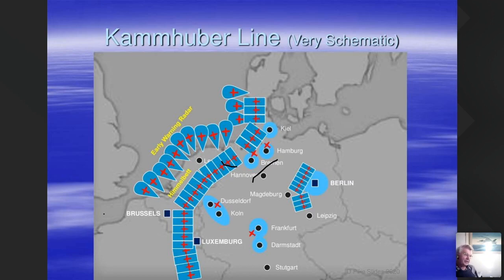And then inland, they had little boxes called Himmelbetts. It's actually German for four-poster bed or covered bed. And in these little boxes, they had, at the time when all this was going on, 2 fighters. And they also had the early warning radars, and they also had a couple of target tracking radars called Würzburgs.